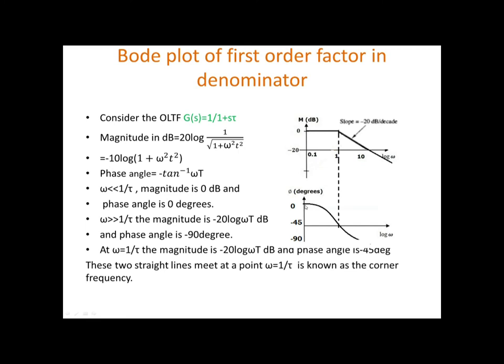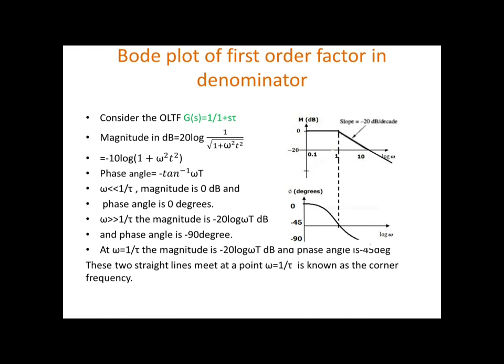Now omega starts to increase. So what will happen if omega is greater than 1? That is the high frequency portion. So when omega t is greater than 1, or omega is greater than 1 by tau, then the magnitude is minus 20 log omega t.